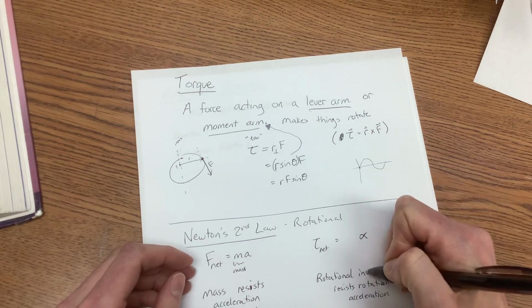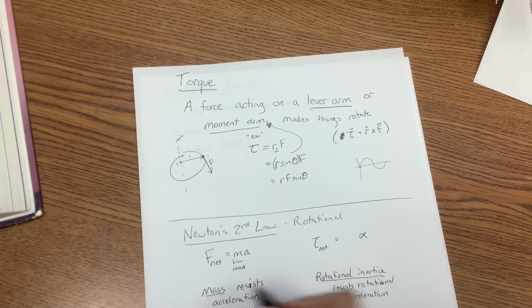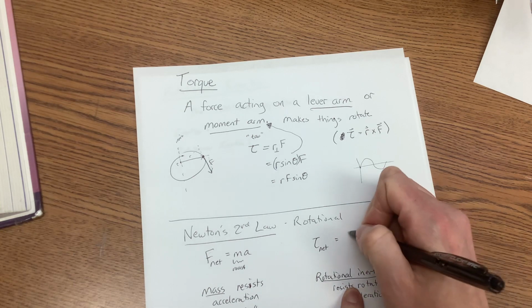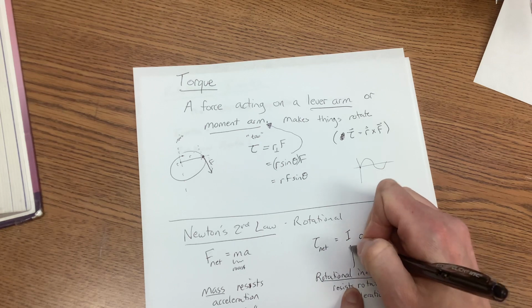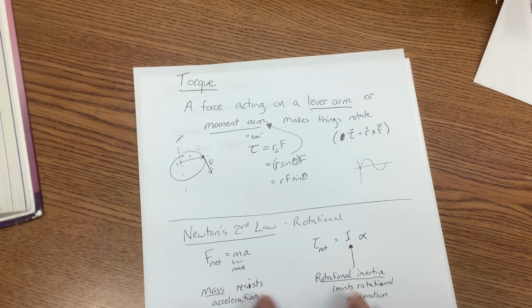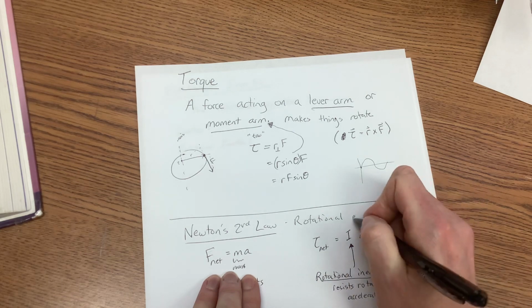That's what we're going to be putting in here instead of mass. So we have mass here, rotational inertia here, and rotational inertia is given by the letter I. Not impulse I, I for rotational inertia.